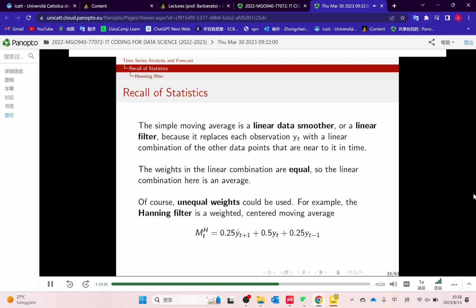And this is what happens in this kind of filter. Now, the problem might be determining these weights. This depends obviously on the kind of problem, on the kind of time series you are considering. Keep in mind that you will never be a lone wolf.